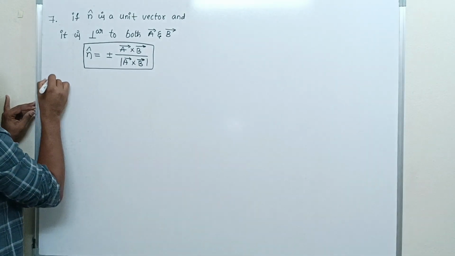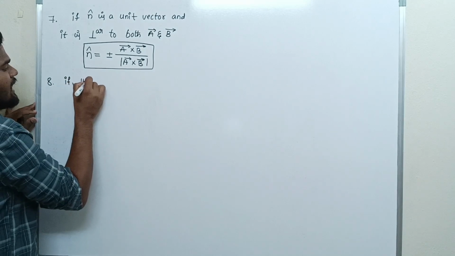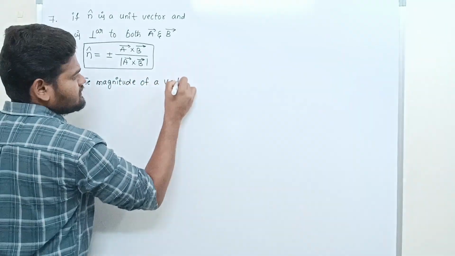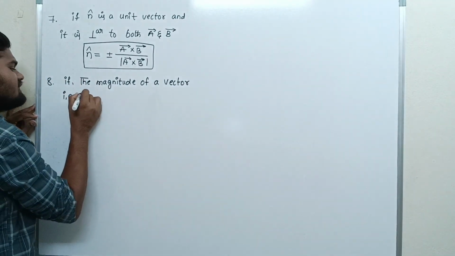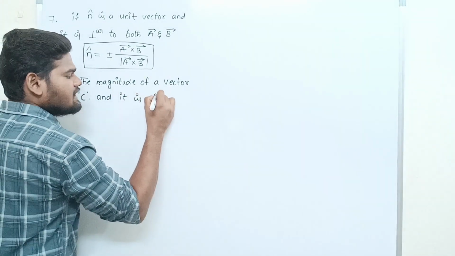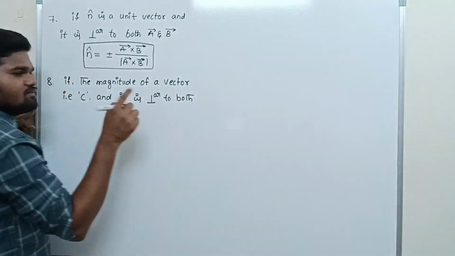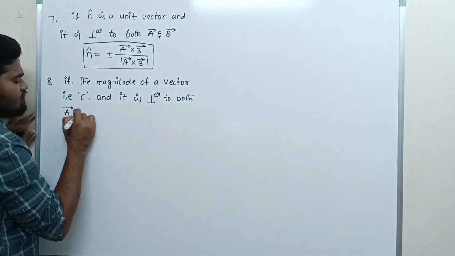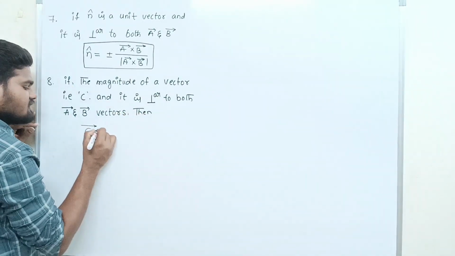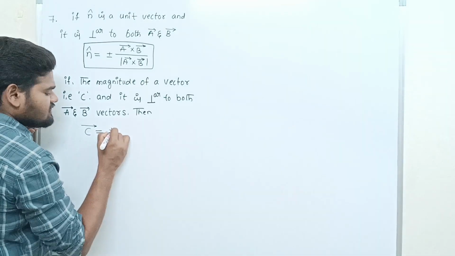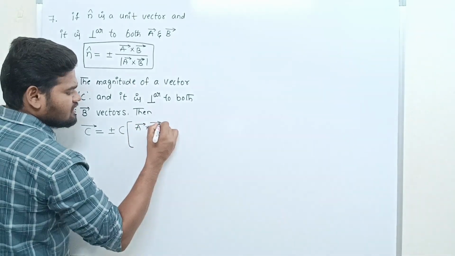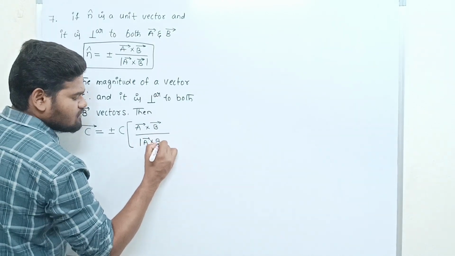Right. So let us see the next formula, the eighth formula. If the magnitude of a vector, that is C, I am taking the magnitude of the vector as C, and it is perpendicular to both A bar and B bar vectors, then we can write the vector C bar as C bar is equal to plus or minus magnitude of this vector into A bar cross B bar divided by magnitude of A bar cross B bar.